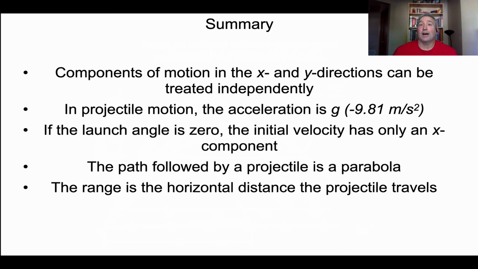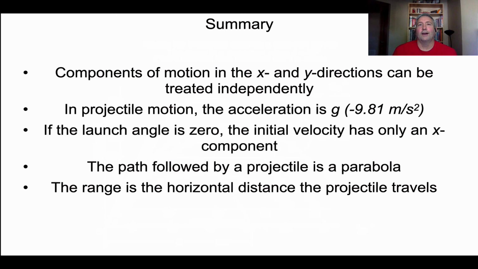Sometimes I try to figure out, okay, if I know how long it's in the air, and it lands at the same level it started at when I shoot at an angle, I cut that time in half, and then I treat it like it's shot horizontally. Then I don't have to worry about an initial vertical velocity. If I find my final vertical velocity, that would be the opposite direction of my initial vertical velocity. So there are different little shortcuts that can help for doing that as well.